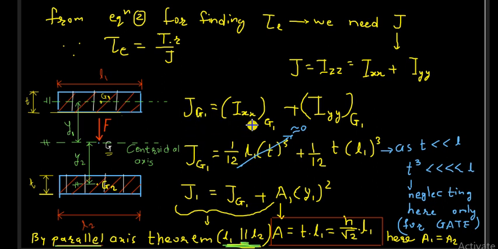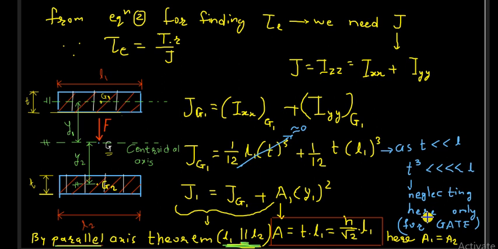You know that Ix at G1 will be 1 by 12 into length into the cube of thickness. As thickness is very less as compared to the length, and again we are taking the cube of it, that value will be very less, right? So we can neglect this value or equate it to 0.